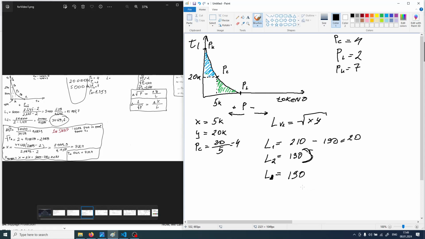The liquidity must be equal, and after this we must recalculate the amounts. For example, I want to store in the pool 5k and 20k, but the real pool doesn't accept these values.